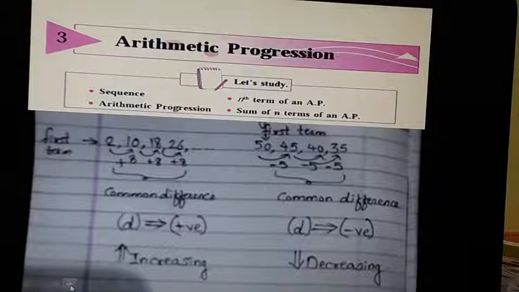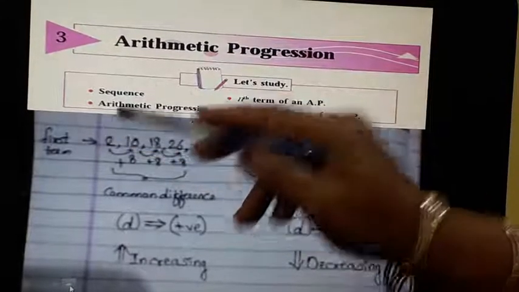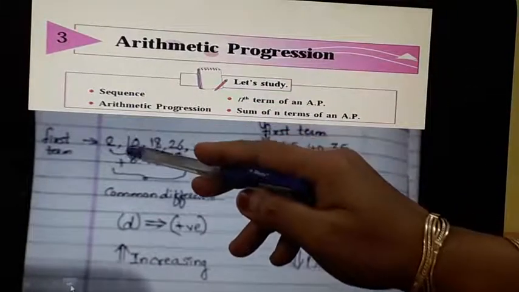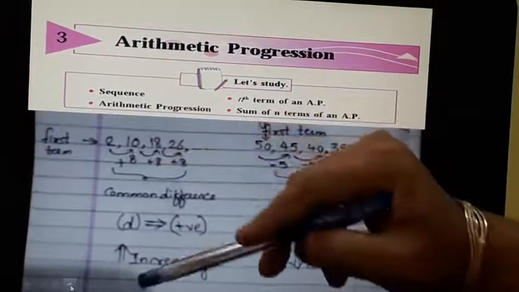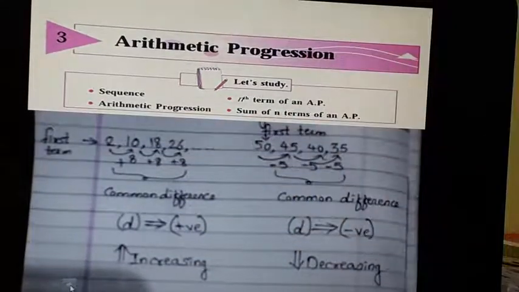Here two things are very important: the first term and the common difference. Common difference is the difference between two terms, that is T2 minus T1, or T3 minus T2, or T4 minus T3.